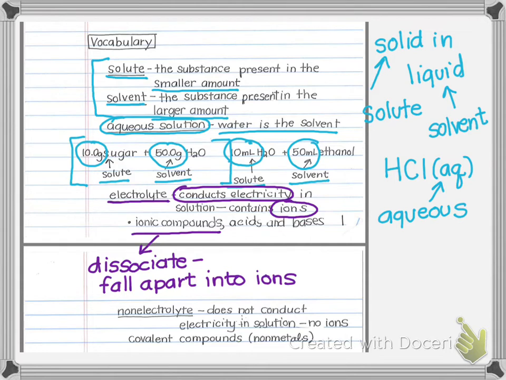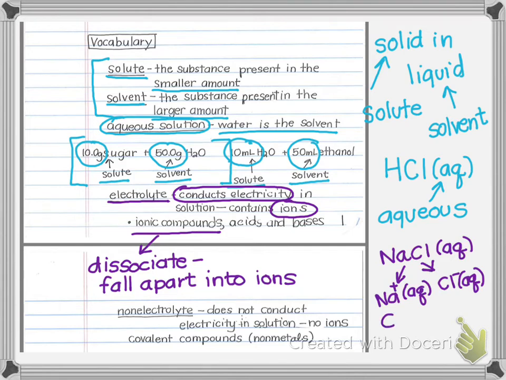So for example, if I had sodium chloride and I put it into solution, so let's say it's aqueous, I dissolve it in water, then in the solution I would have sodium ions and chloride ions. And if I tested this for electrical conductance, I would find that it would conduct electricity because of the presence of the ions.